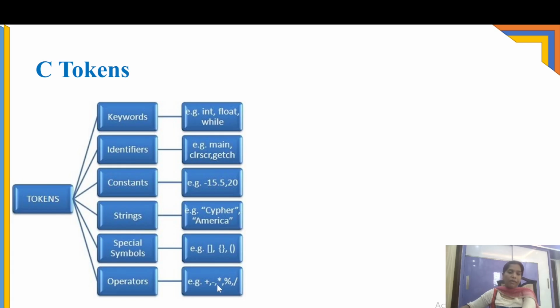Operators: we have different types of operators like plus, minus, modulo, division. Everything comes under operators. With all these 6 tokens, we will construct the program. For example, to construct a house we need cement, bricks, everything. In the same way, to construct a C program we should use these 6 tokens.